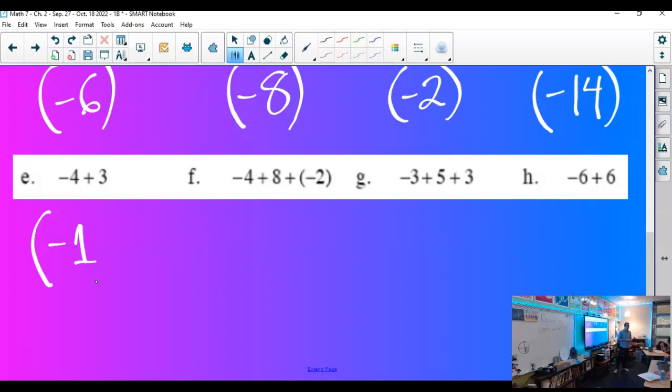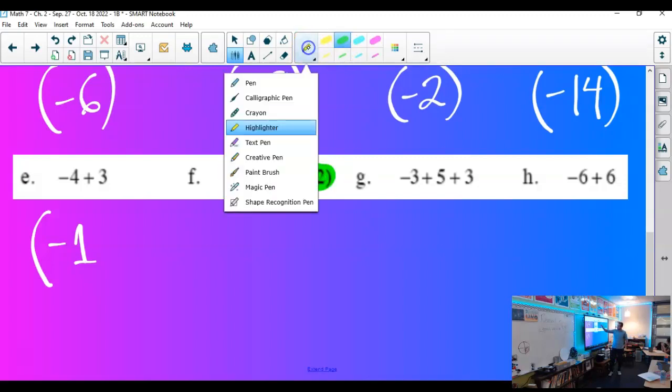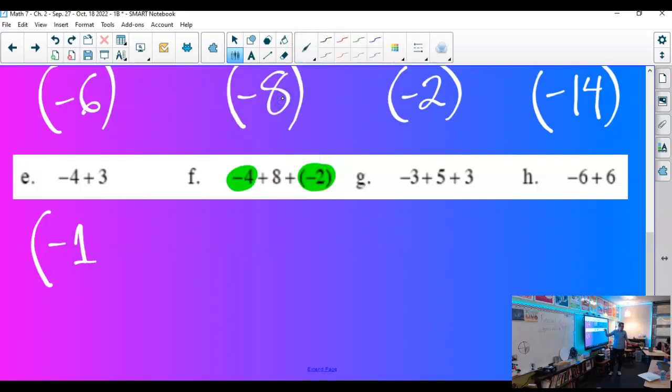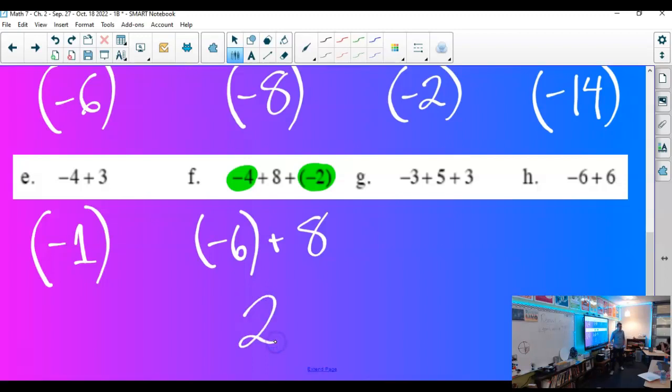Even if the bad guys team up, how much bad guy do they have? -6. -6 plus 8. And Ross said, well, even teamed up, can they beat the good guy? No. So positive wins by 2.